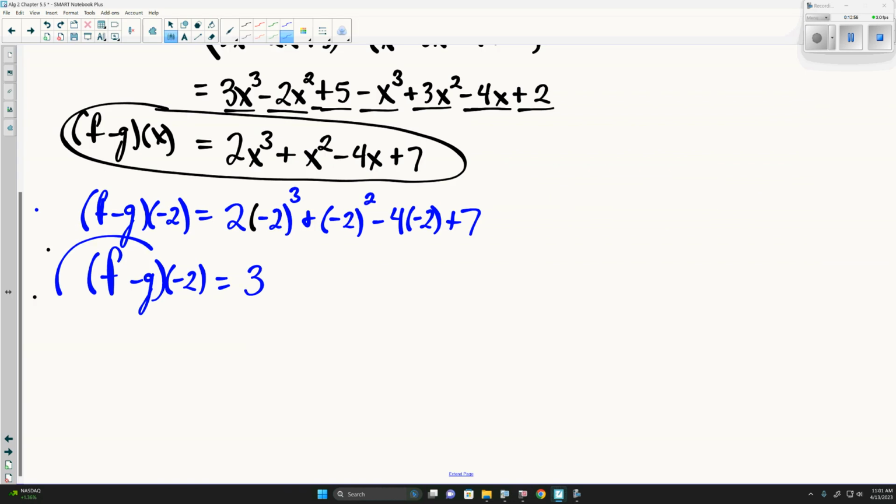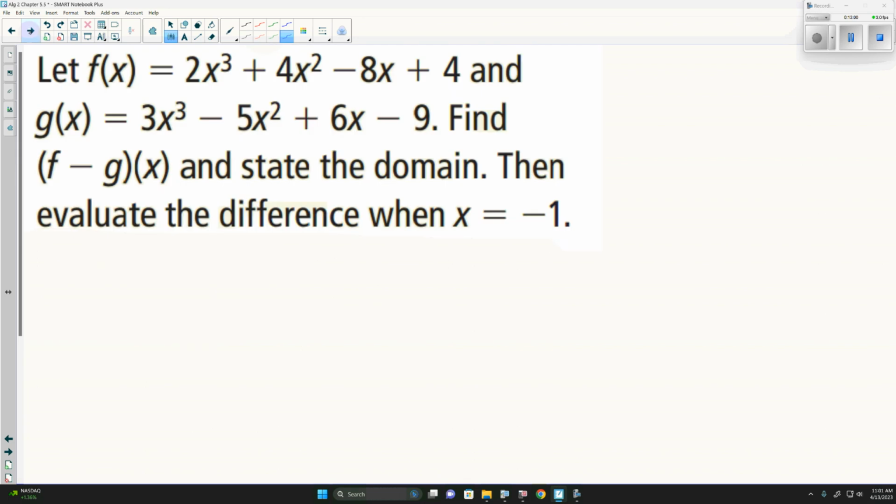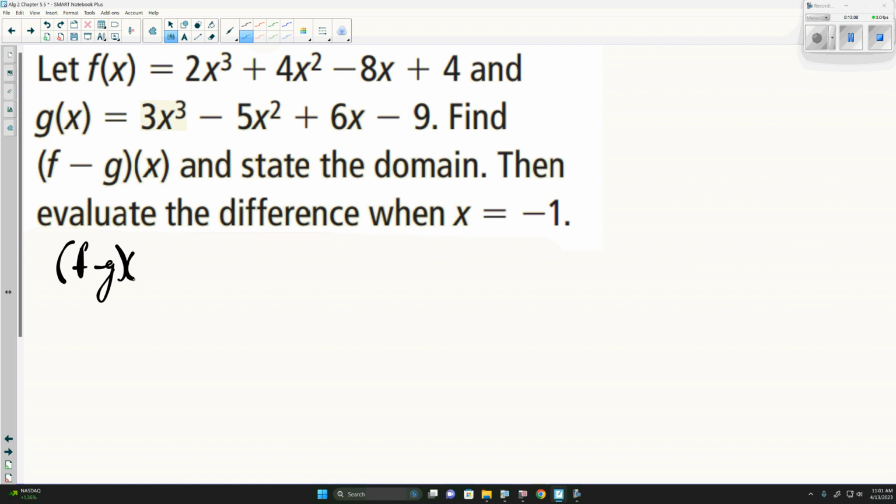Any questions on any of this here? Let's do one more of these and then we'll move on. Looking at this, f minus g of x is the same as f of x minus g of x.